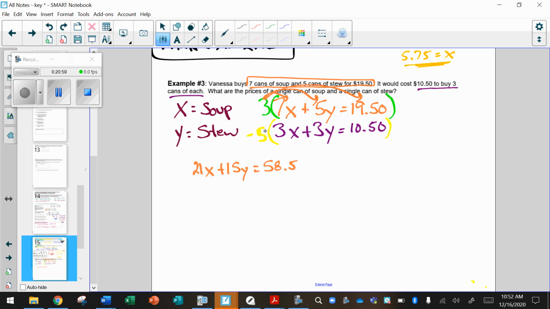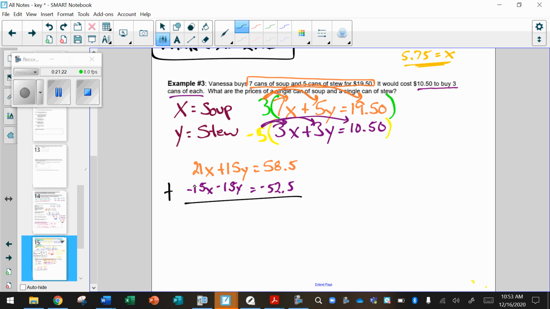Now let's distribute the negative 5. Negative 5 times 3 is negative 15x. Negative 5 times 3y is negative 15y. And then negative 5 times $10.50 is negative 52.5.